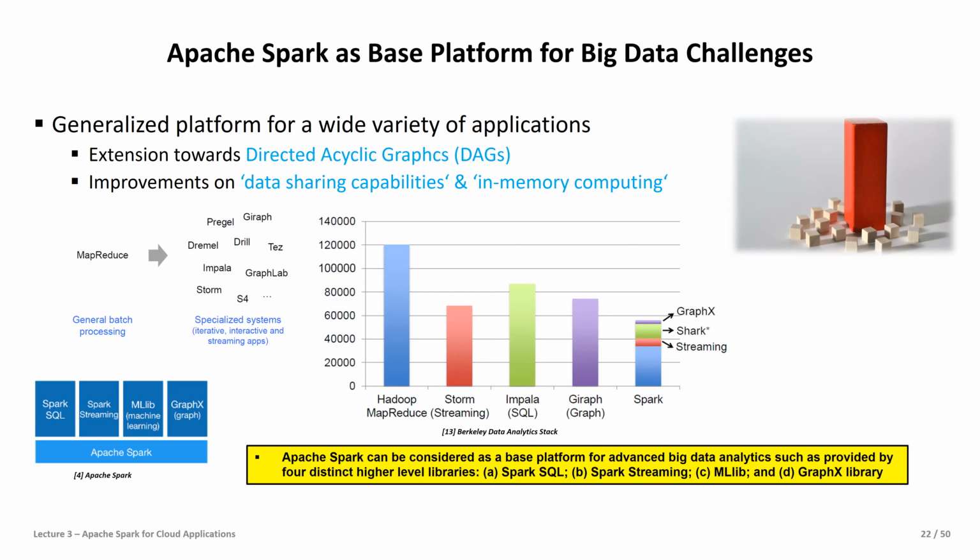Now, when you compare it to many different other projects in the open source field, maybe you don't need to know them, but they're known for their specialty: Storm in streaming, Impala in SQL, and graph with Giraph.